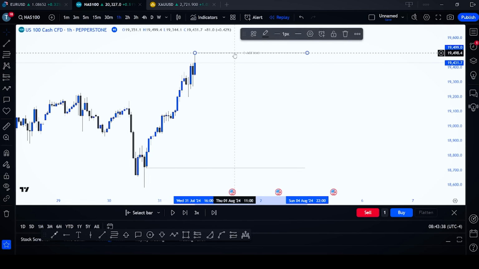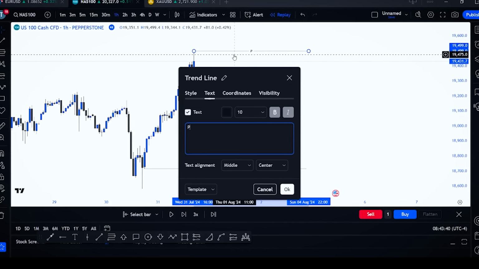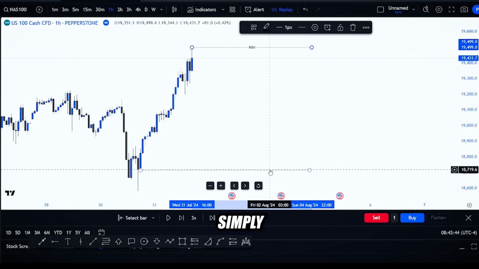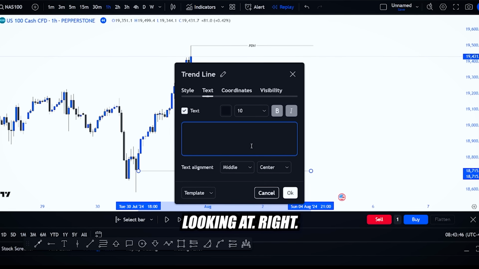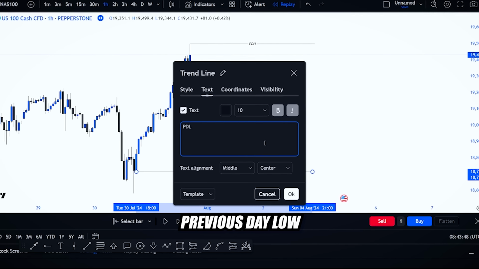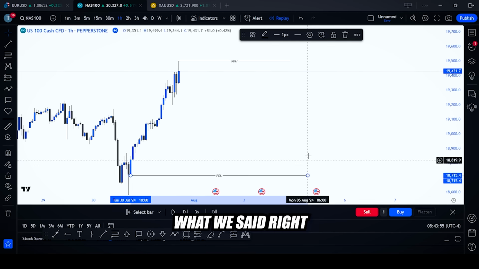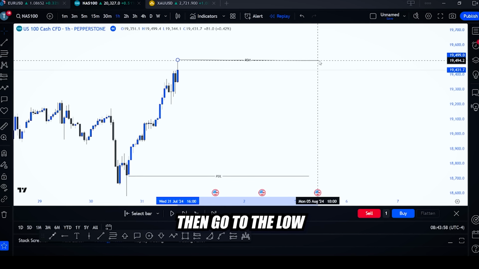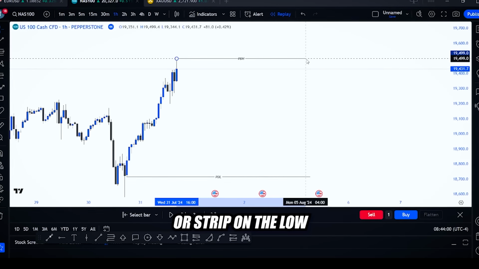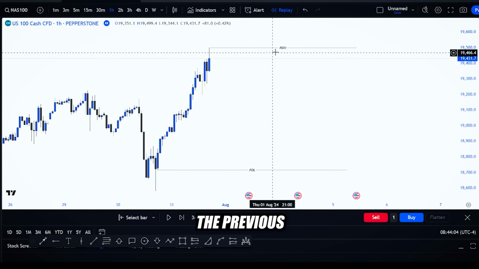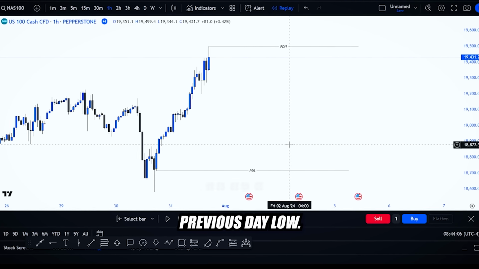So now we just highlight which one is which. Previous day high. I'm just doing this for you guys, I draw lines simply because I understand what I'm looking at. Previous day low, and you can see. Now we're expecting what we said: a sweep on the high, then we go to the low, or a sweep on the low so that we go to the high. As you can see, we have a previous day high and a previous day low.